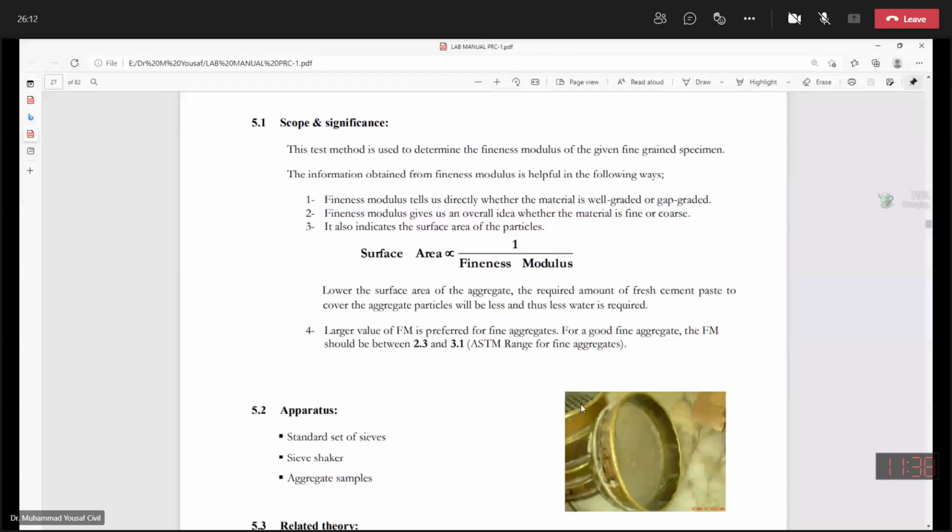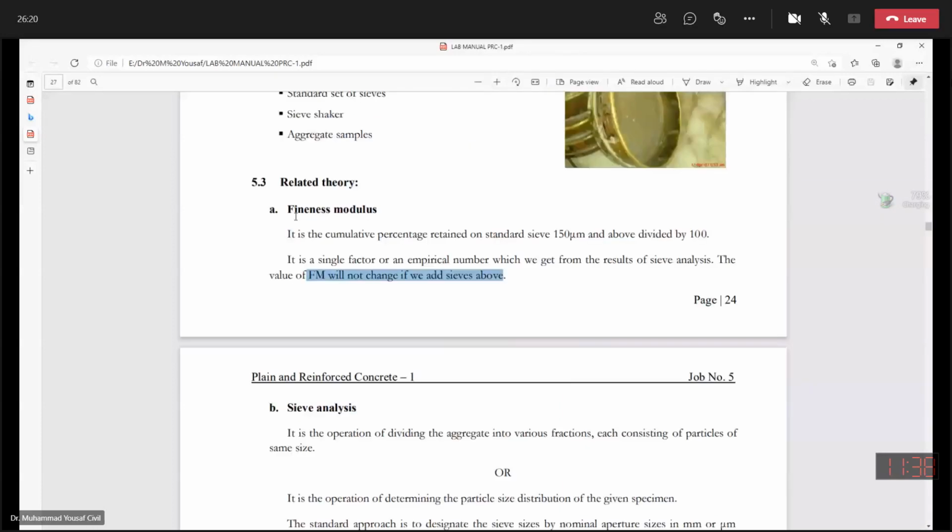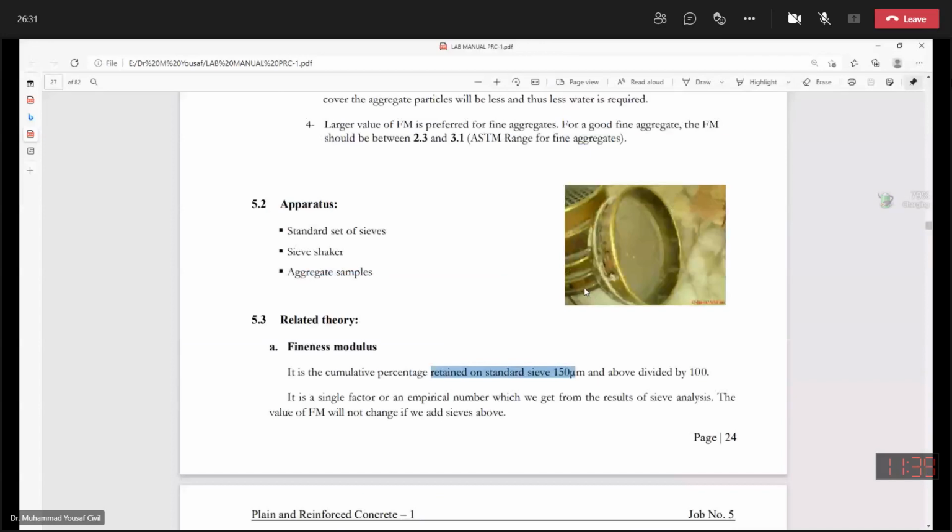It will make no difference because by definition, fineness modulus is the percentage of the material retained on sieve number 100 and above. So if you arrange a number of other sieves above sieve 100, it will make no difference and it will give you the same fineness modulus value.